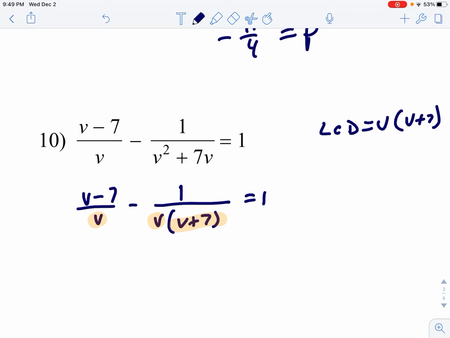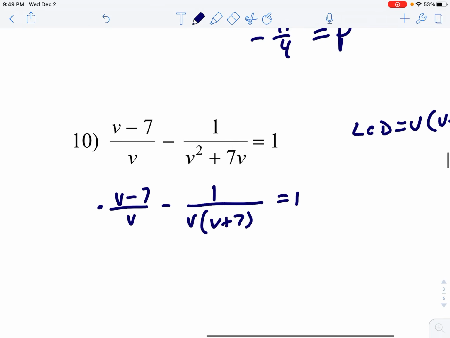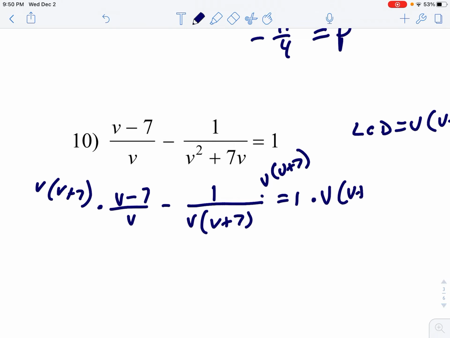So that's going to be my common denominator. I highlight too much. All right, so multiply this one, here, I'll do it on the left, V times V plus 7. Multiply this one times V, sorry, times V plus 7. And multiply this term, V times V plus 7.